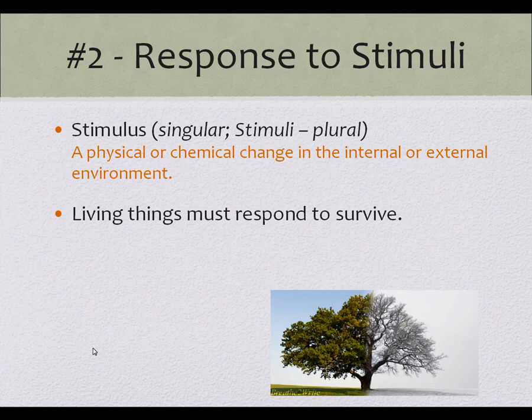We can also talk about external stimulus, such as the weather. Living things must respond internally and externally in order to survive. If you look at my picture there of the tree, the reason why a tree drops its leaves in the winter doesn't necessarily have to do with the temperature, although if you're in colder climates it may.